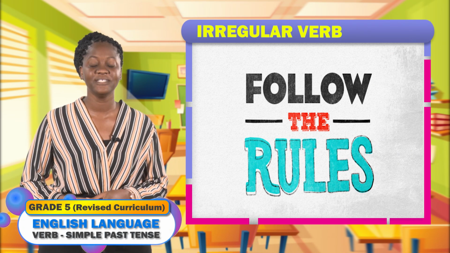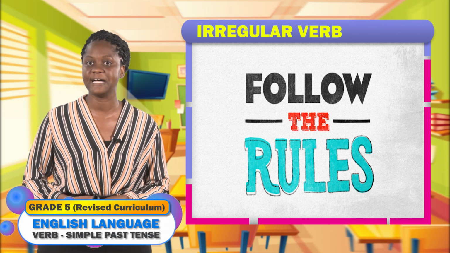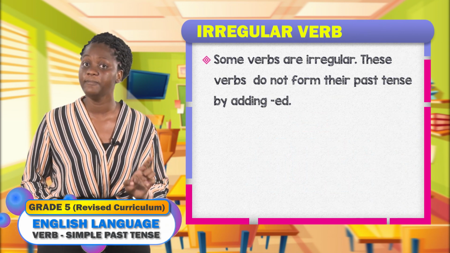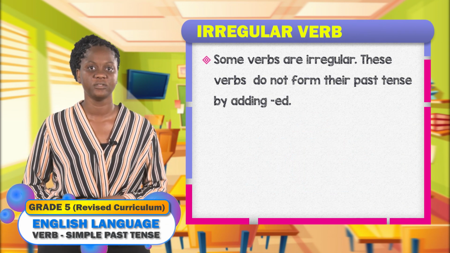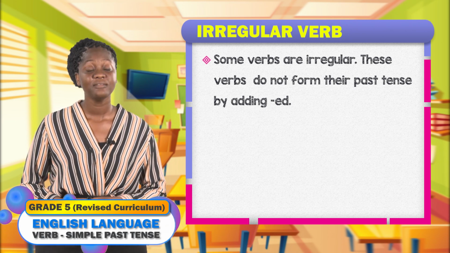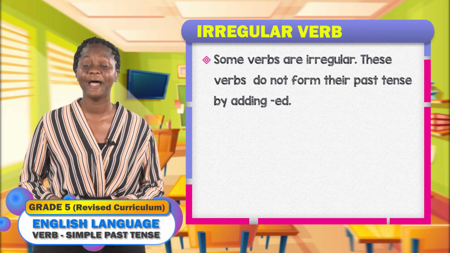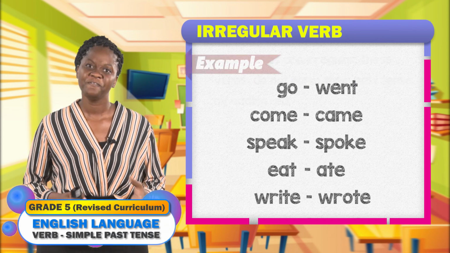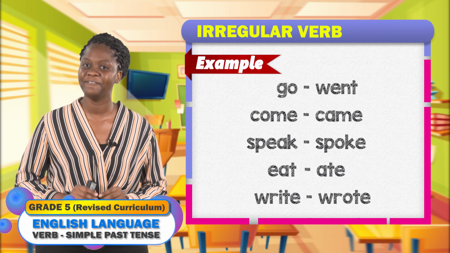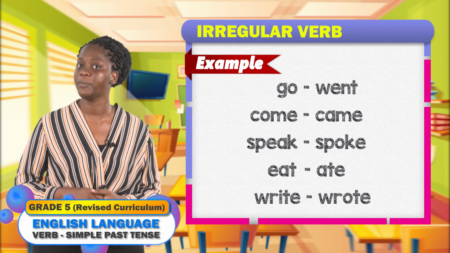So let's go on to some other rules that we use when forming the past tense. Some verbs are irregular. What does that mean? This means that these verbs do not form their past tense by adding ed. For example, if we have the word go, G-O, how do we form the past tense?